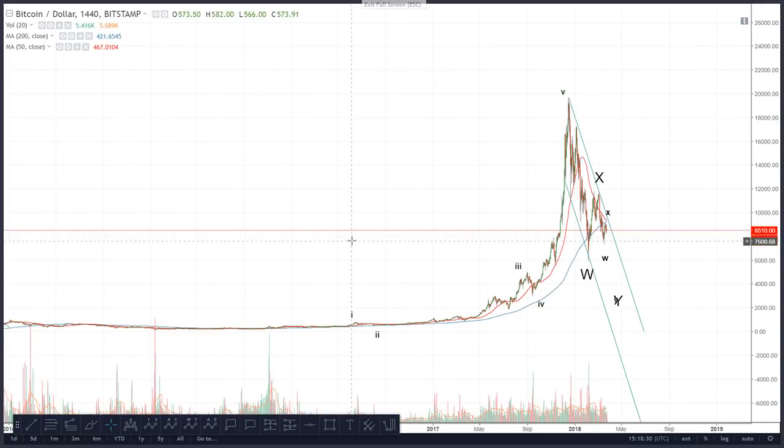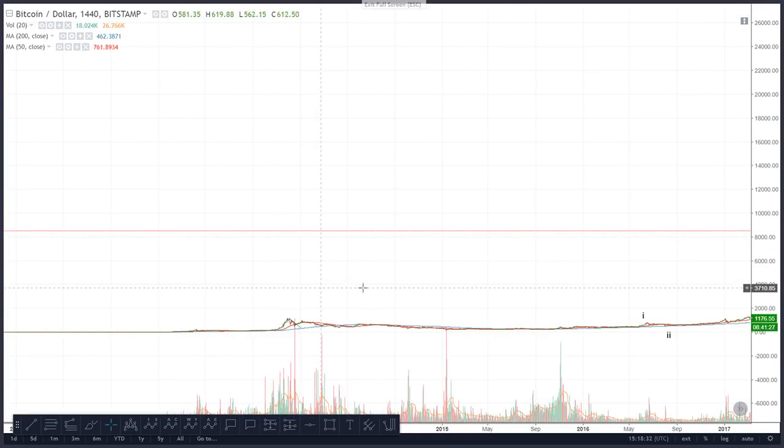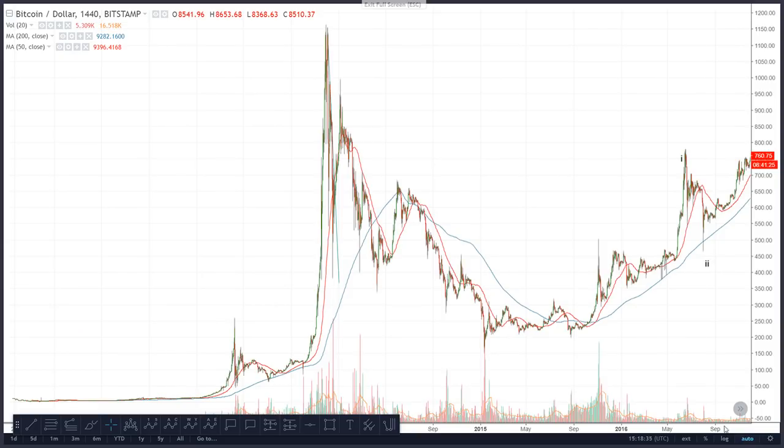Now if we go back in time to see when that last happened, in fact the major cross that I can see was here. This was the major time it crossed last time, and almost simultaneously it formed a low, and then you see price came up, but the moving average kept coming down.